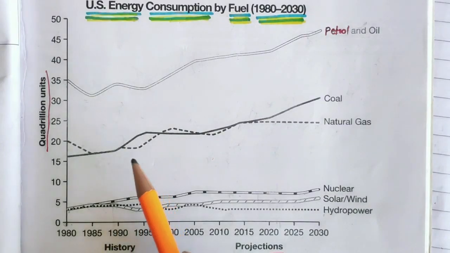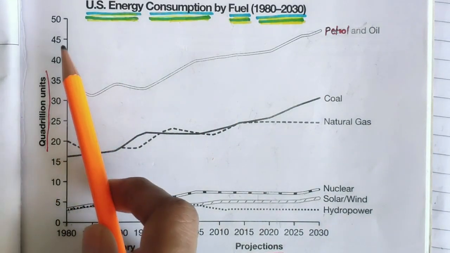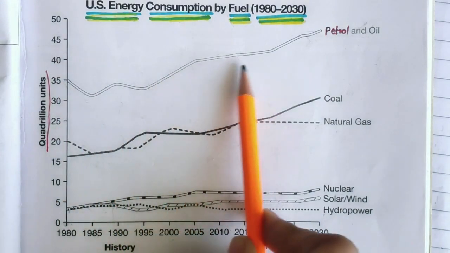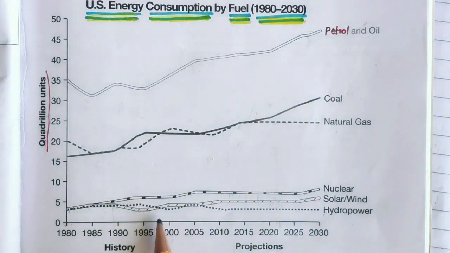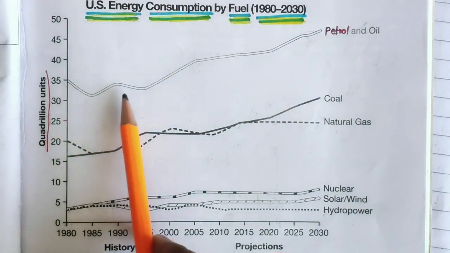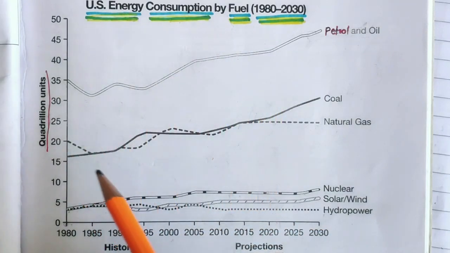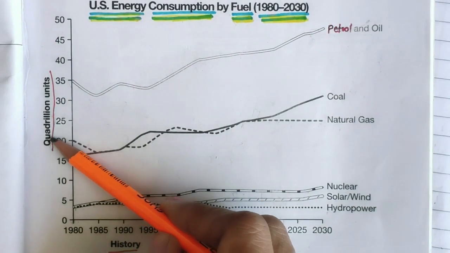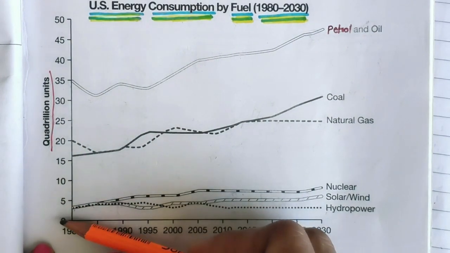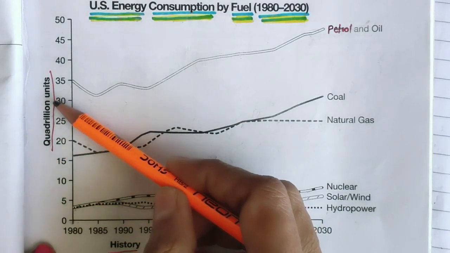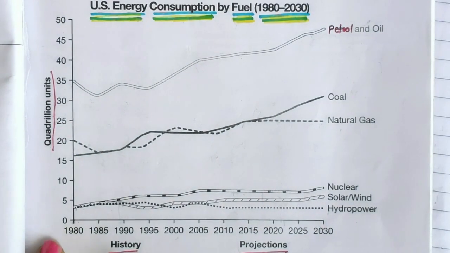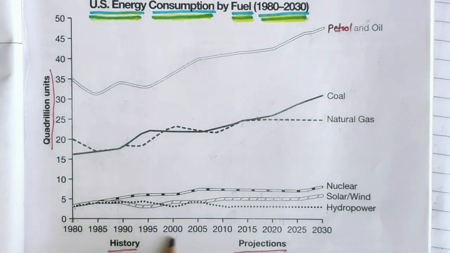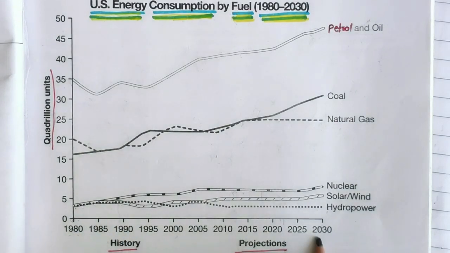Now look at this. This is the whole graph, you can see easily. Bar graphs are vertical, and this line graph is lateral kind of graph. Here the y axis and x axis are there. On the y axis it is given in quadrillion units, so data is calibrated in quadrillion units, and here you can see the years from 1980 to 2030.